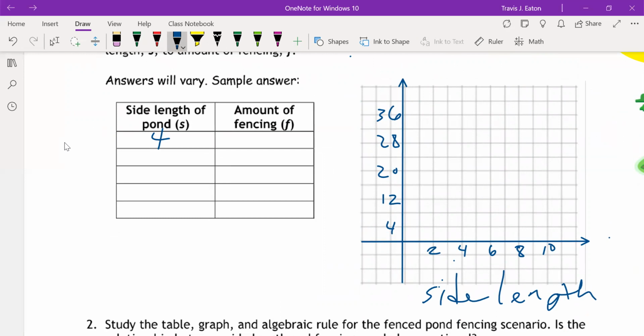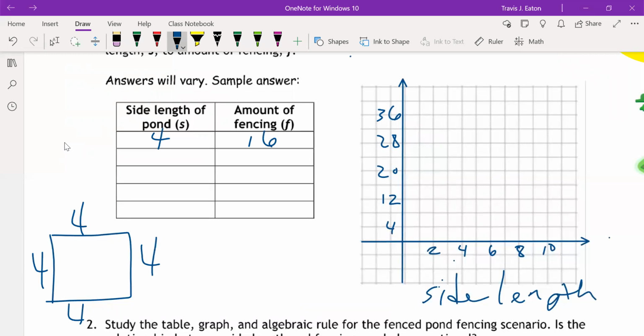Remember, the pond is square, so that means we would have 4 feet on each side. So how much fencing would be required? Well, 4 plus 4 plus 4 plus 4 is 16.